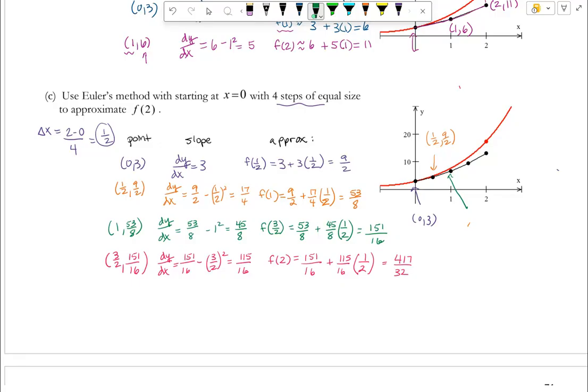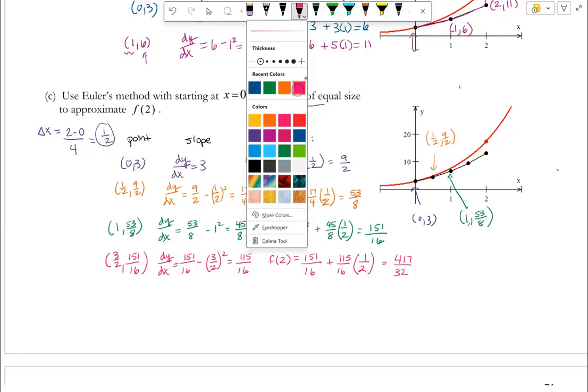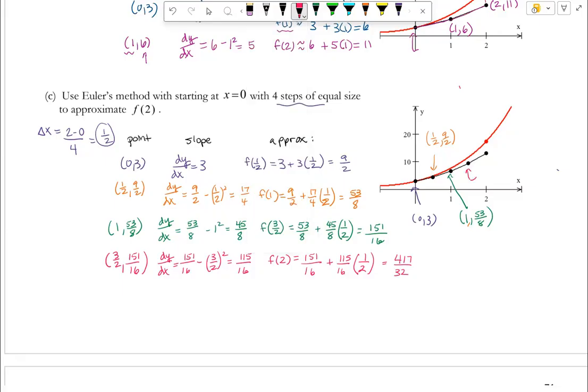So our third point we got was (1, 53/8). The next point we got was (3/2, 151/16).